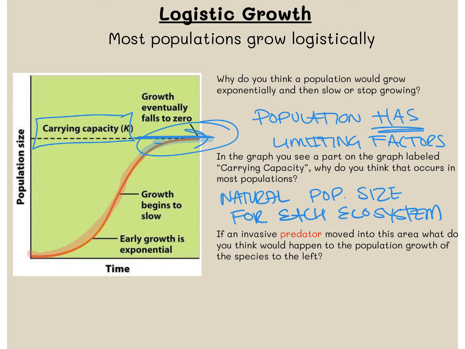So this particular population has reached its carrying capacity because that's naturally what the ecosystem can hold. There's enough resources for just that many people, so they've reached their maximum capacity.